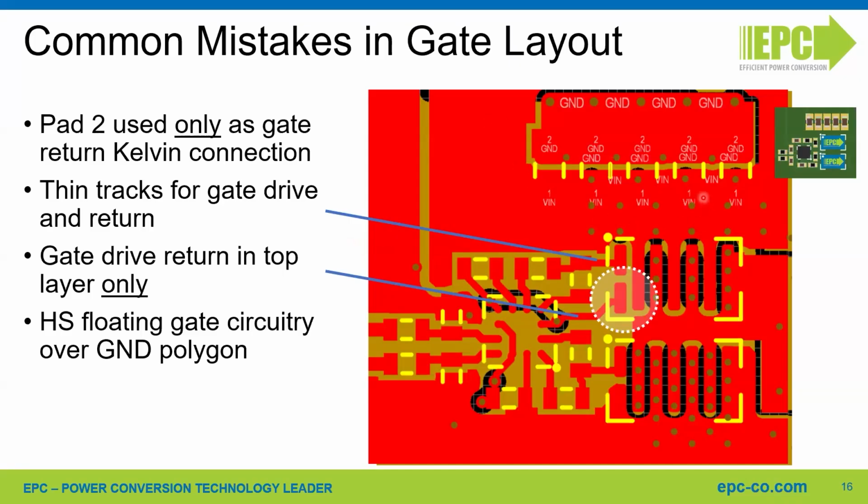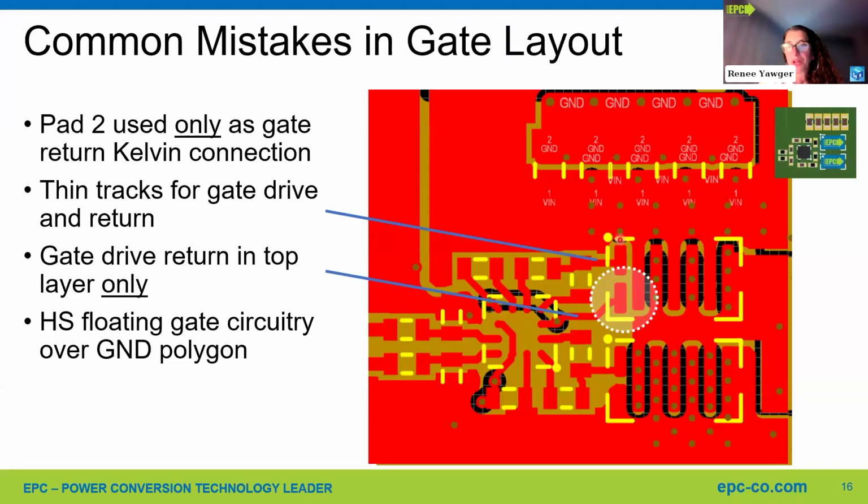So with the power loop inductance, the gate loop inductance, and the gate to drain capacitance, this is easily becoming an oscillator, and that is destroying the devices, and it's very unpredictable. You might have a marginal situation where this oscillation is happening only for a limited range of the bus voltage, and so it's very tricky. So this is really the most critical thing, and the mistake you really have to avoid.